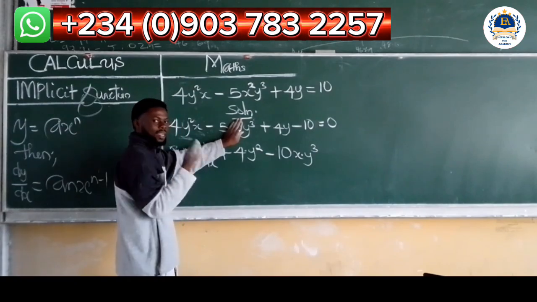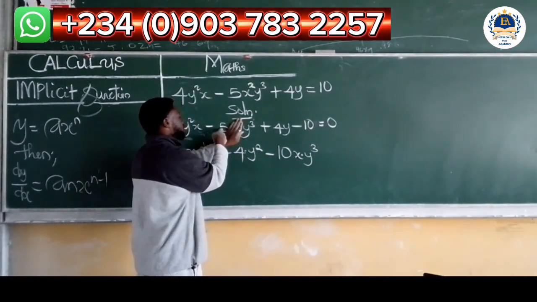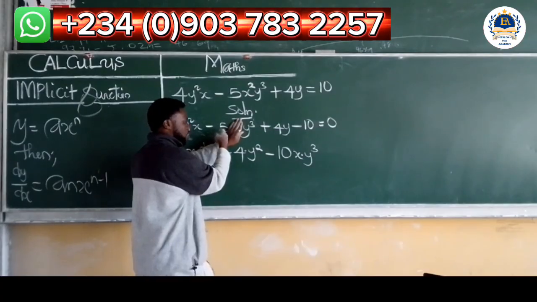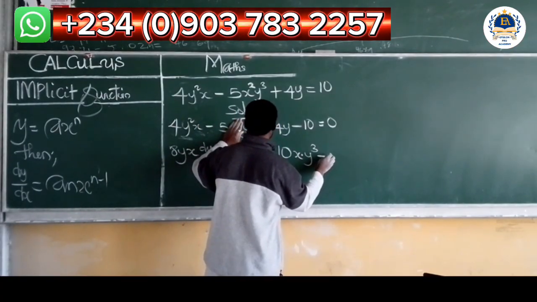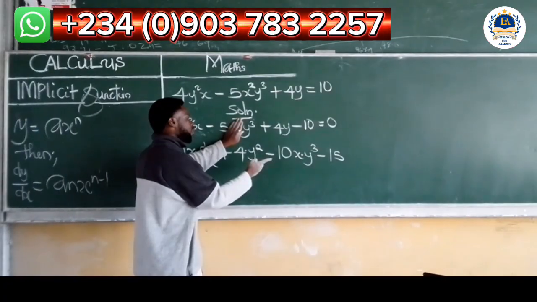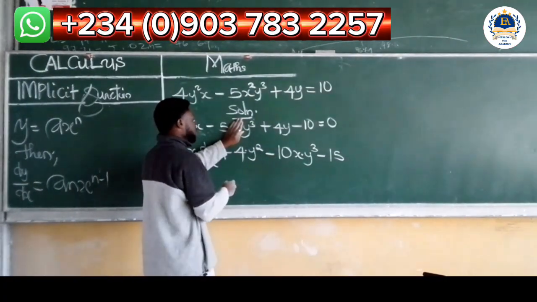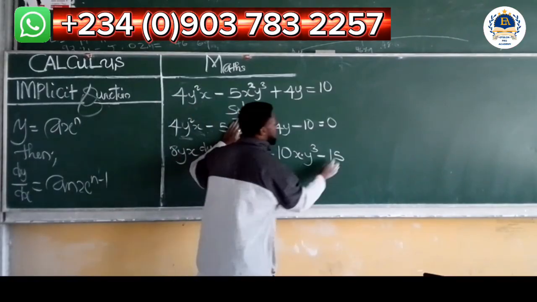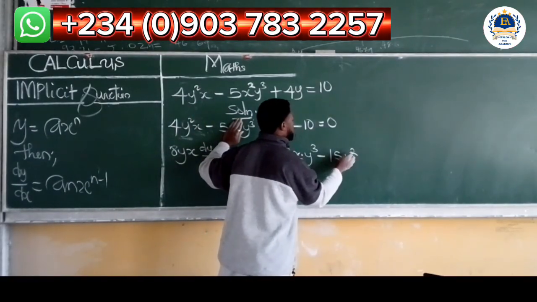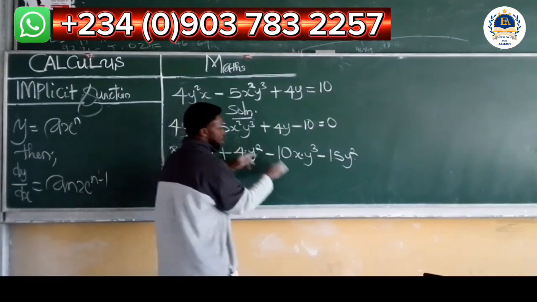And the derivative of 5y cubed will give us 5 times 3, which is minus 15. I'm using minus because there's a minus sign here. Minus 15, subtract 1 from the power, y raised to the power of 2. Then multiply by the invisible term, x squared.